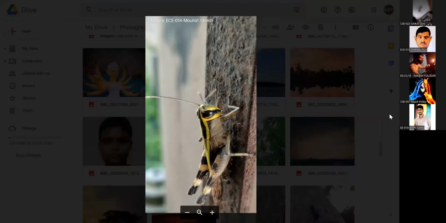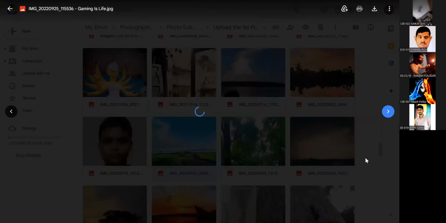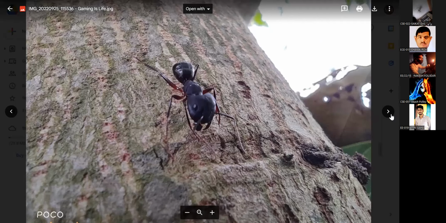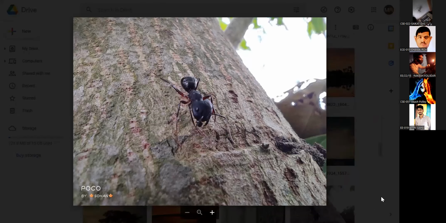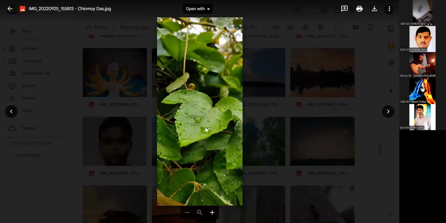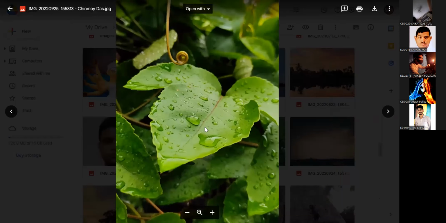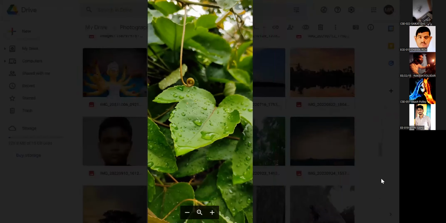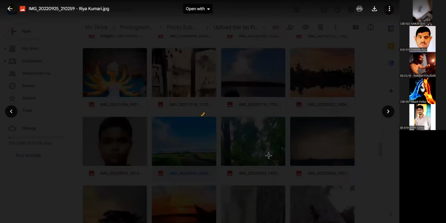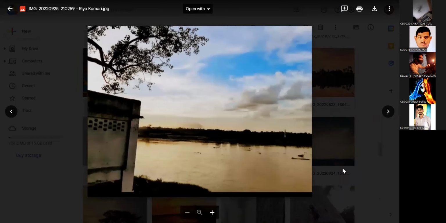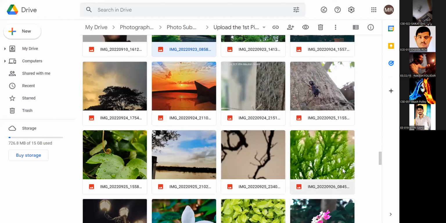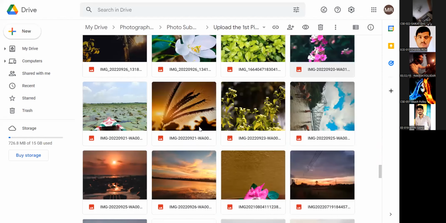Okay, another okay type macro. It's a red giant ant. Another okay type macro. Yes, this one is a little interesting.